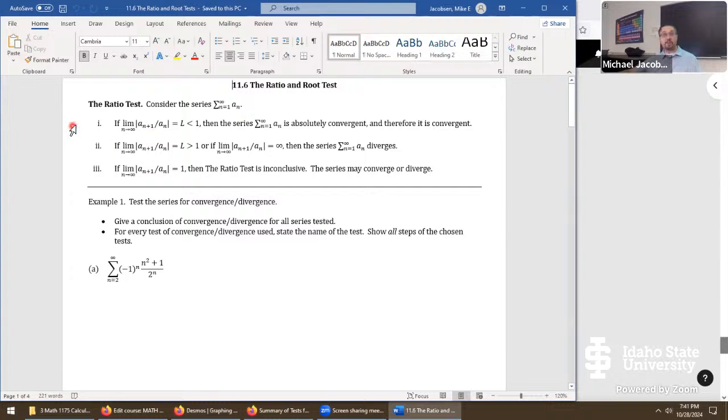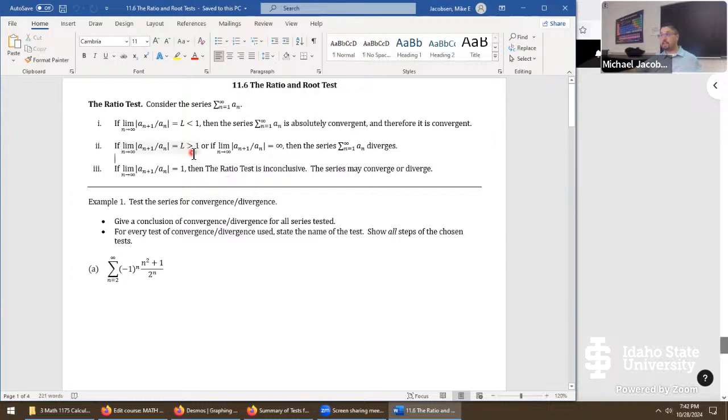Now here's how the ratio test goes. There are 3 outcomes. One of them is not a good one. Outcome 1, if you take a limit of the absolute values of your successive ratio of terms, and the limit is less than 1, then the series is absolutely convergent, which means it's convergent on its own, but that's the stronger statement.